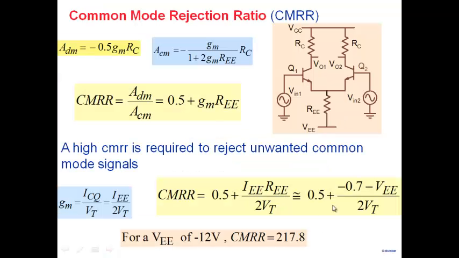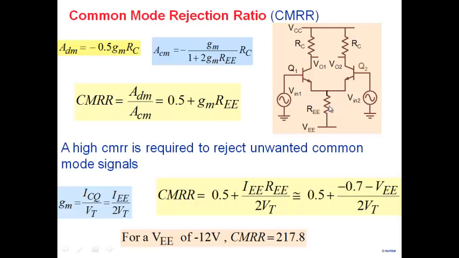Alright, so back to the same slide where we said that CMRR is a modest value. 200 is not a very high value because we are looking for something larger. And one of the ways of getting something larger is if I replace this RE by a current source. Note, what is the purpose of RE?